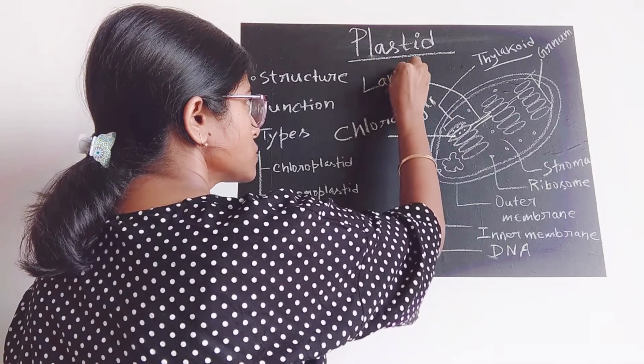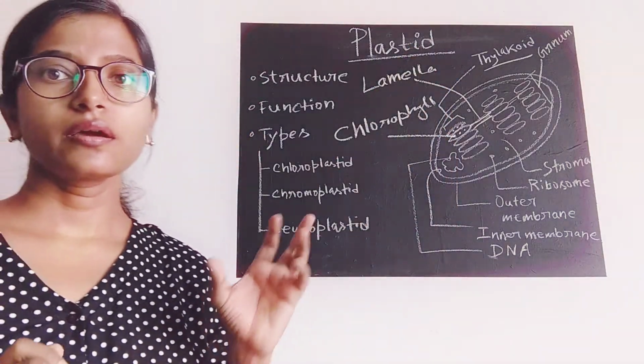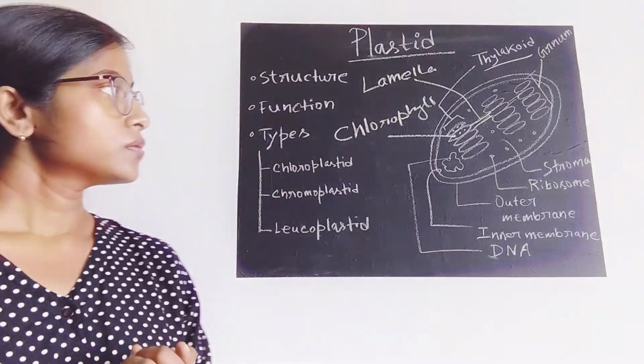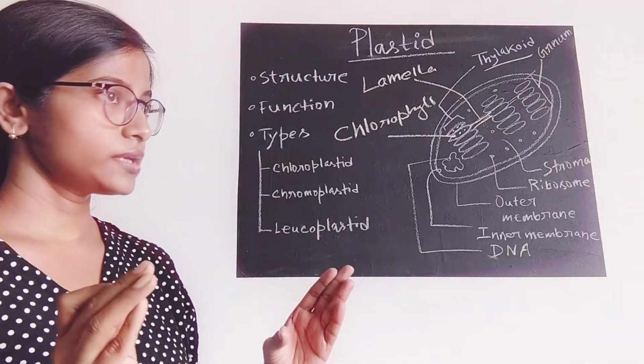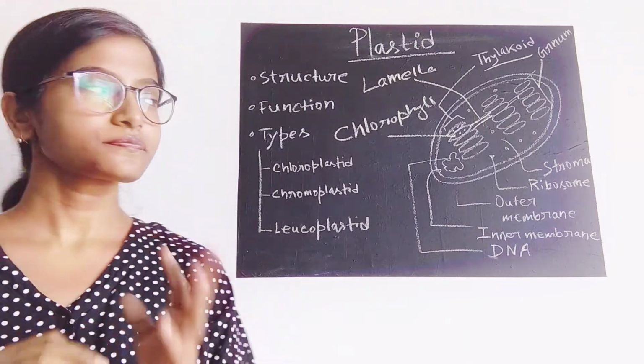So what are they called? They are called lamella. We can call them grana lamella. Grana lamella just connects the granum with each other, and they also have some pigments in them.